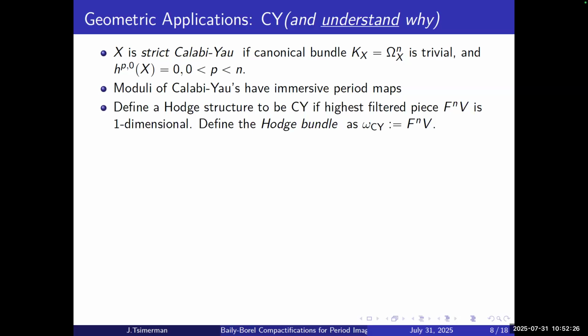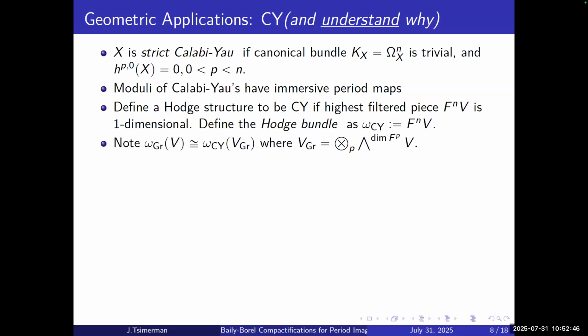So in line with this, we're going to define a Hodge structure to be CY, modeled after the strict Calabi-Yau case, if the highest filtered piece in the Hodge filtration, so the lowest dimensional piece, has dimension 1. It's a line bundle, and we call this the Hodge bundle, and call it omega CY in honor of Calabi-Yau variations.